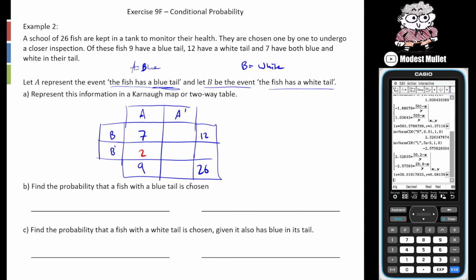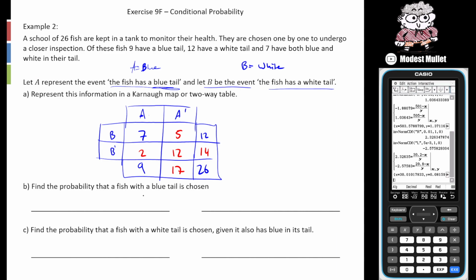So that needs to be 2, that needs to be 5, 9 to 26 is... Come on, work brain. 17, yes. Okay, 12 up to 26, that needs to be 14. That means that needs to be 12, and that all adds up and works both ways.